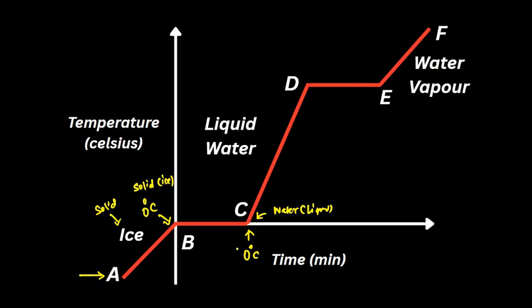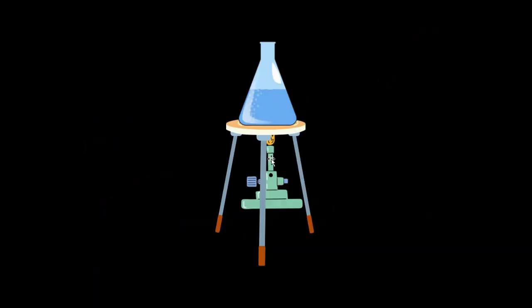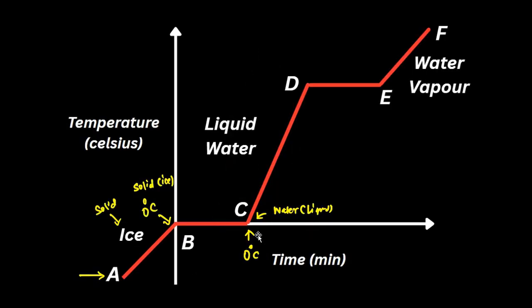Now after that, as we keep on heating the beaker where we took the ice cubes initially, more and more heat is supplied, and the temperature again increased until it reached point D. This point is another special temperature in reference to the ice, water, vapor transition. This is 100 degrees Celsius. At D, it is still water in liquid state.